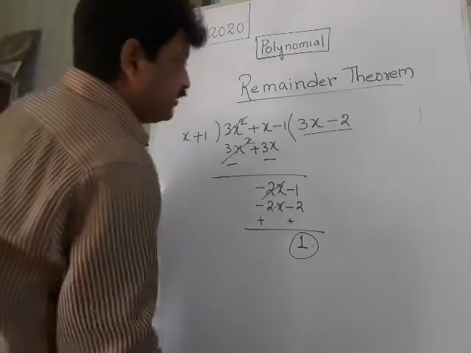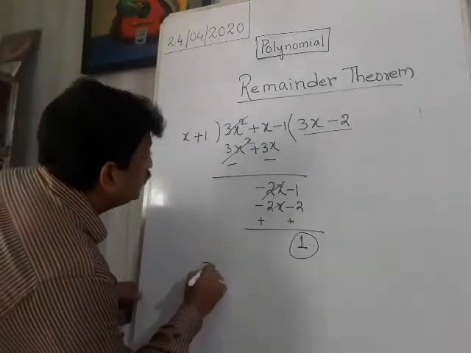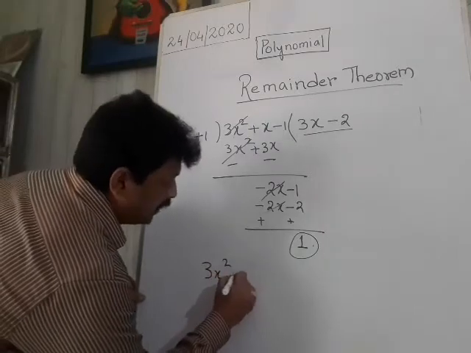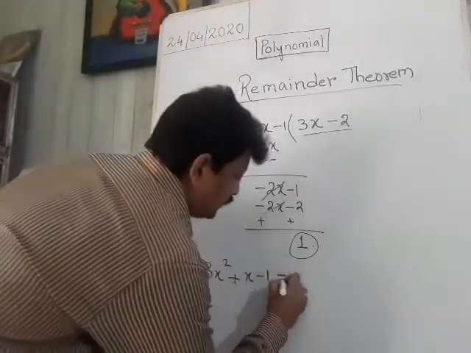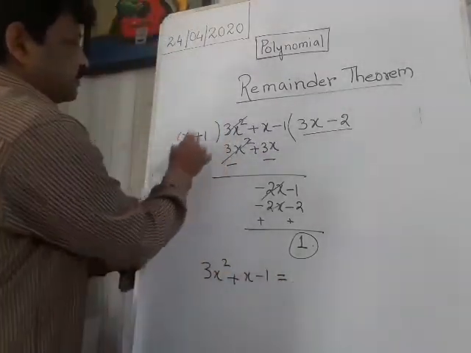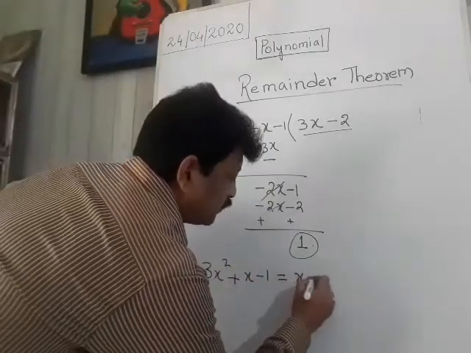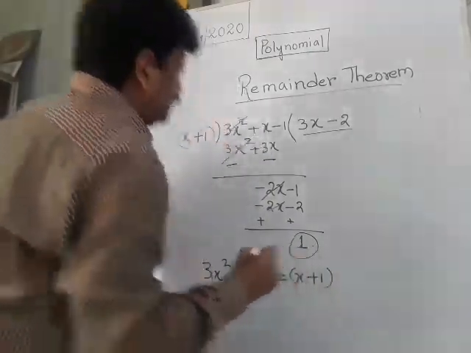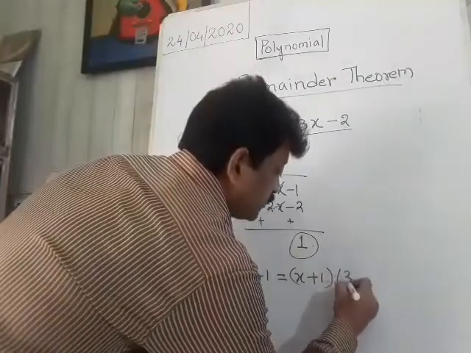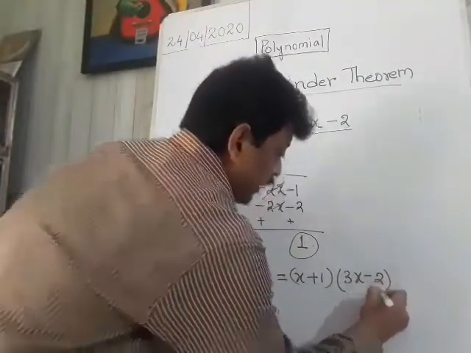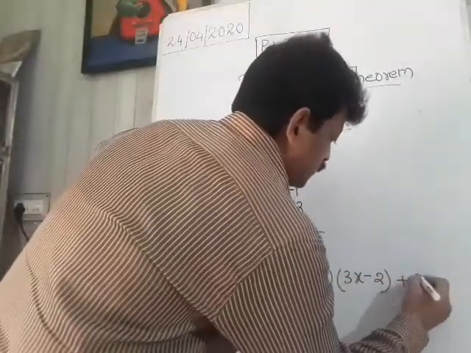So we can write 3x square plus x minus 1 equals to, our divisor is x plus 1, so x plus 1 times the quotient 3x minus 2, and the remainder is plus 1.